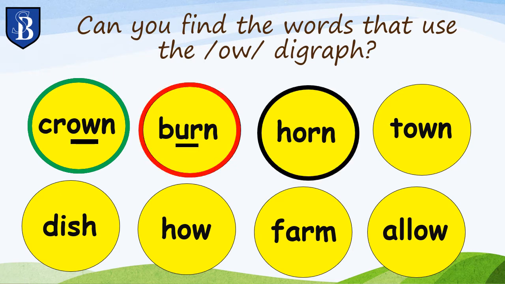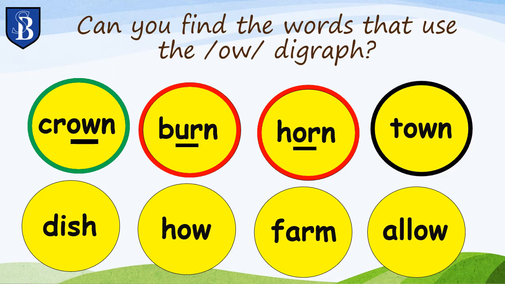How about this circle? I can definitely see a digraph there in the middle of the word, but is it the ow digraph? No, it's or. Horn. What about this fourth circle? Does it have an ow digraph? I can see a digraph in the middle of the word. It is ow. Town.